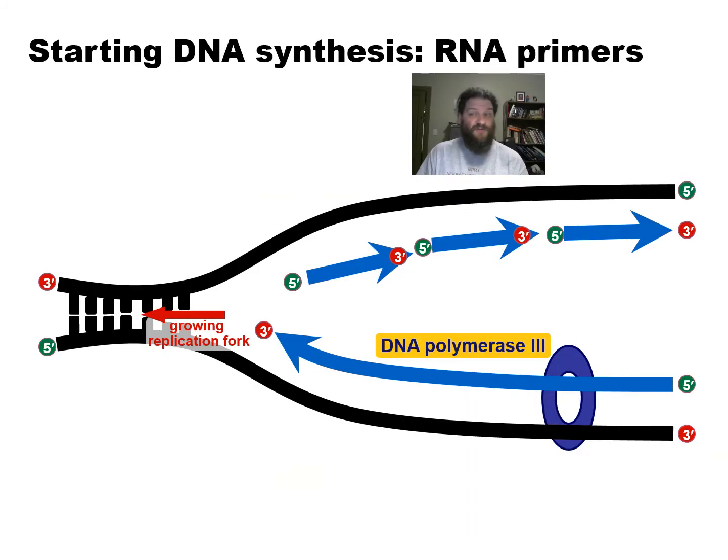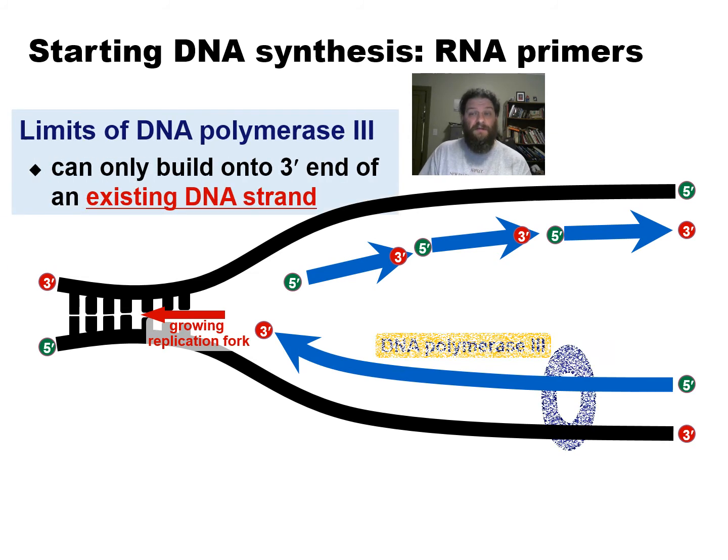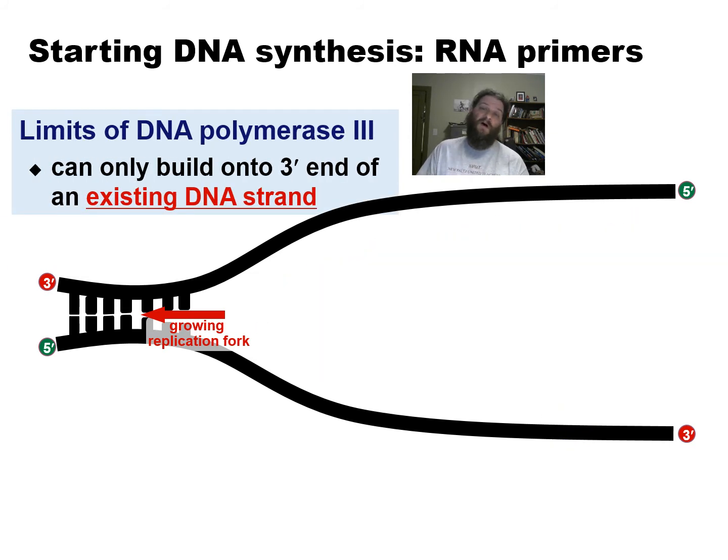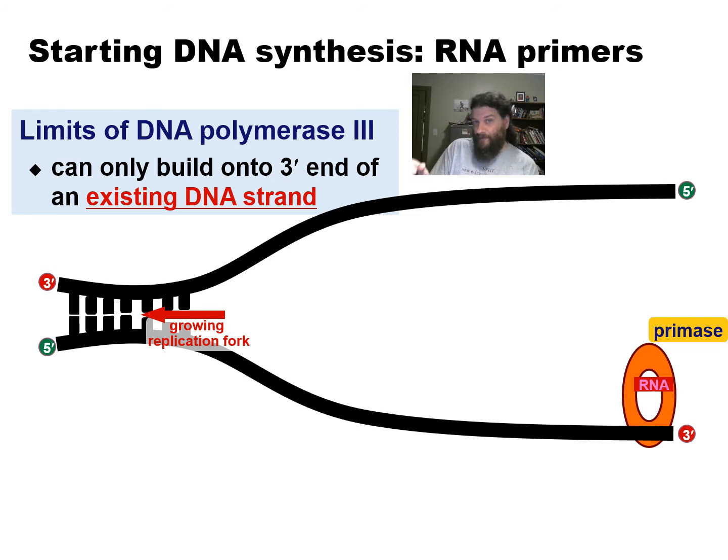The problem we haven't addressed is how does the leading strand get started if it needs a nucleotide with a 3' end already in position? Well, that's going to be done by the use of RNA. So instead of building a little DNA, we're going to use an enzyme to build a little RNA primer. It's got a complementary base sequence, and it sticks there for a little bit, right?